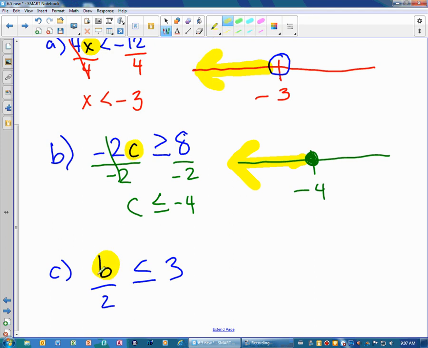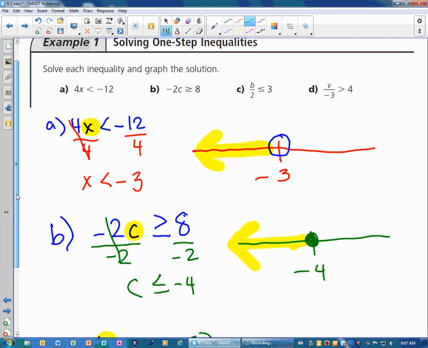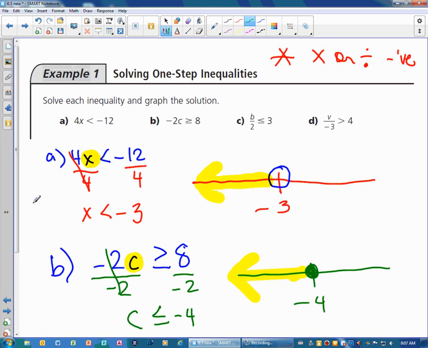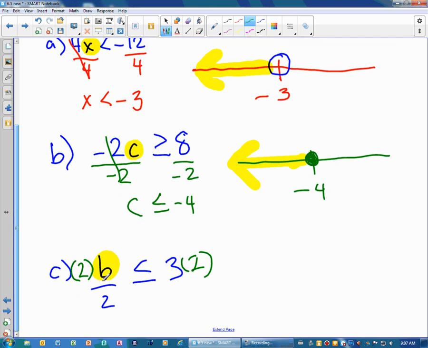But all you have to think is, how do I isolate my variable? What's happening to the unknown? It's being divided by 2. What's the opposite of dividing by 2? Multiplying by 2. Do it to one side, do it to the other. The rule is about multiplying or dividing by a negative. I'm multiplying by a positive, so I don't have to worry about changing the sign.